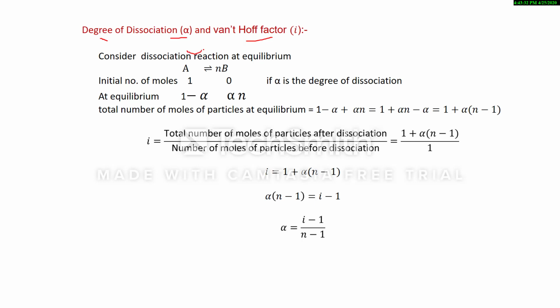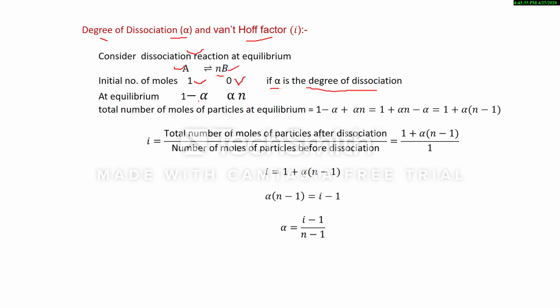Again, consider one dissociation reaction, that is A dissociates to give B, and number of particles of B is n. Again, we are assuming that 100% dissociation is not taking place. Only a fraction of molecules dissociate, and this fraction is represented by alpha, that is degree of dissociation. Initially, A is 1 mole. When no reaction is there, product is 0.